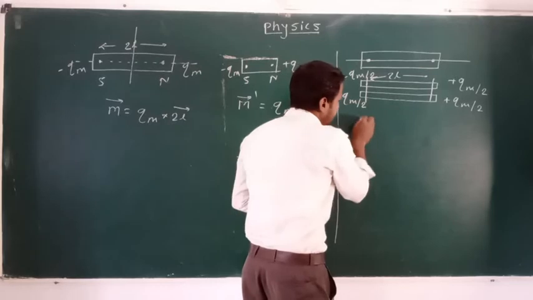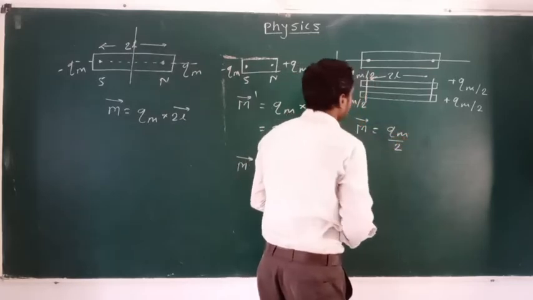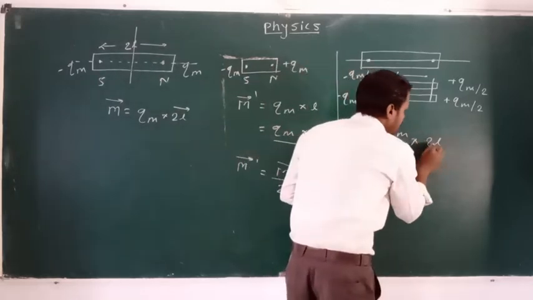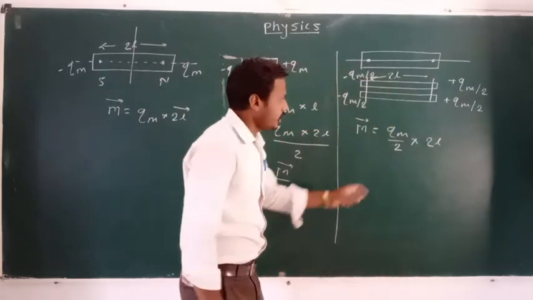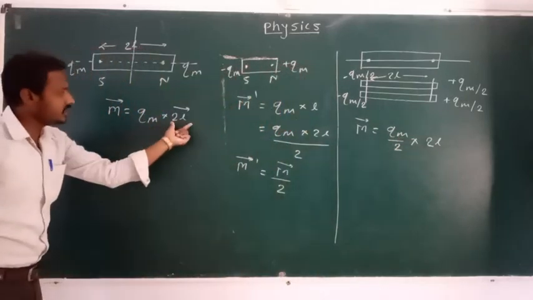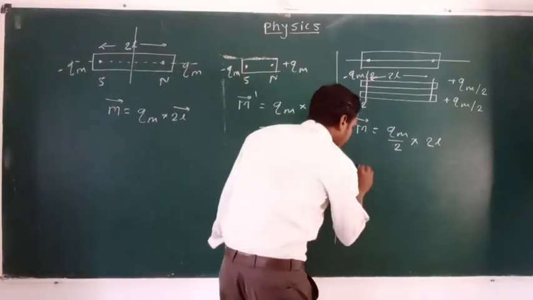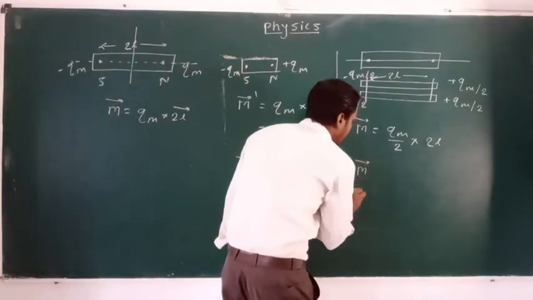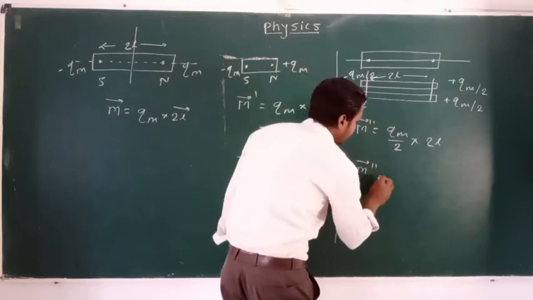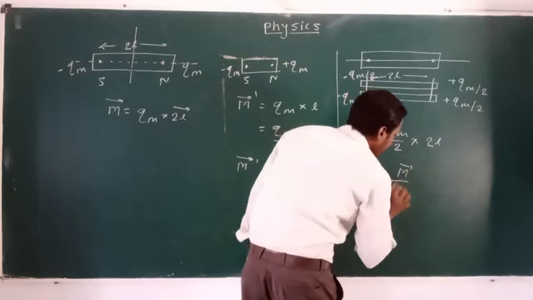Then m bar is equal to qm divided by 2 multiplied by 2l, and qm into 2l becomes m. That is, we can write m bar double dash is equal to m bar divided by 2.